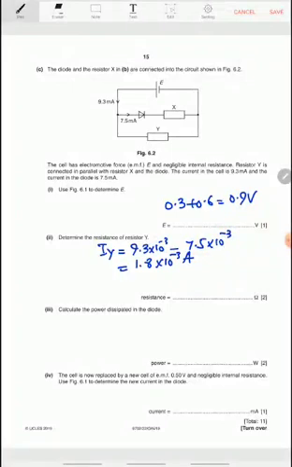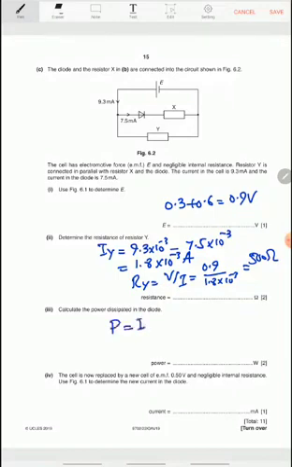Now I can find the resistance R_Y, which is equal to V upon I. V in this case is 0.9 volts and I is 1.8 milliamps. The final result is 0.9 divided by 1.8 times 10 to the power minus 3. It says 500 ohms.